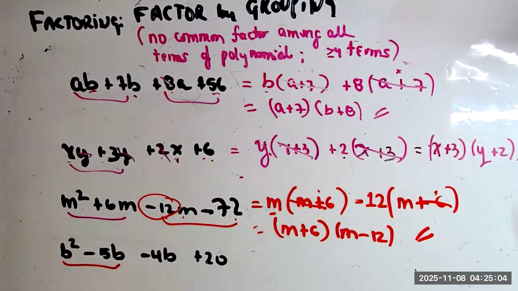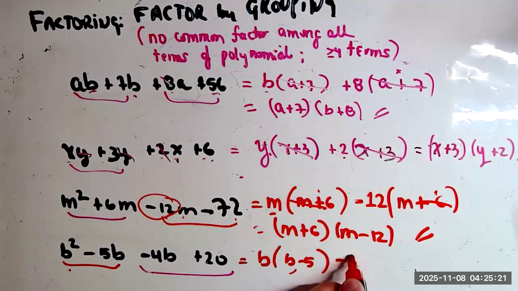Last but not least, between b squared, that would be b minus 5. B times b squared, b times negative 5 is negative 5b. What is common here? 4, but the lead term is negative, so let's go ahead and factor out minus 4. So we leave here b minus 5.